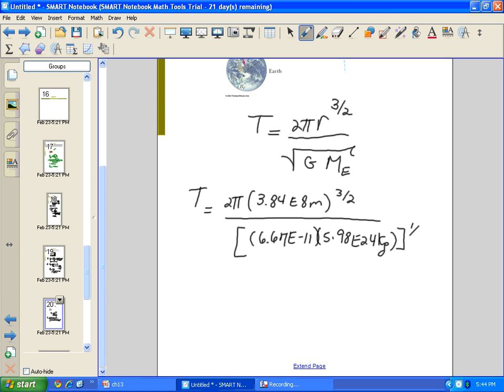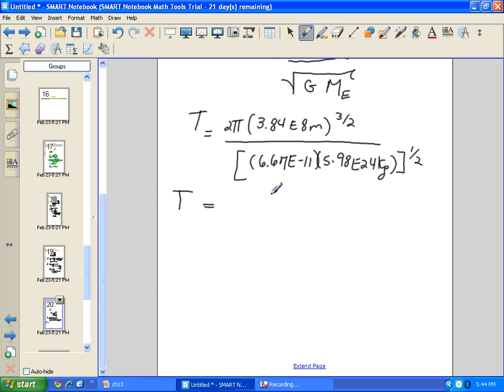Close our bracket to the 1/2. So very carefully enter your numbers in your calculator, and you should get something which looks like 2,367,354 seconds. What is that?